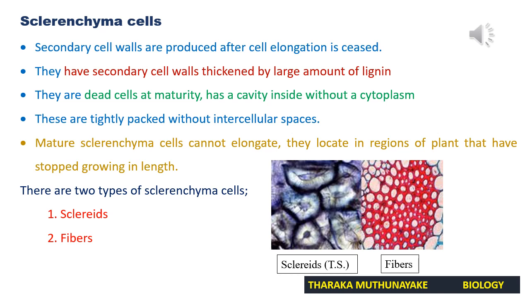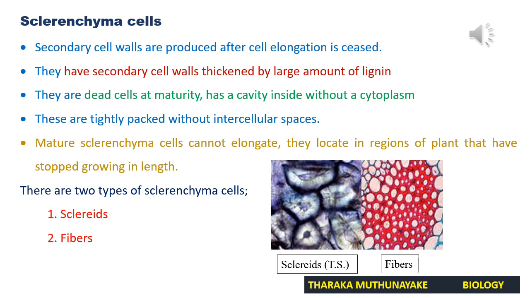Okay, then go to the fourth feature. These are tightly packed without intercellular spaces. It is common to collenchyma as well. We said it earlier. Then it says mature sclerenchyma cells cannot elongate. Why? Suggest a reason. Because they have a lignified secondary cell wall. We said collenchyma can elongate because they have a flexible primary cell wall.